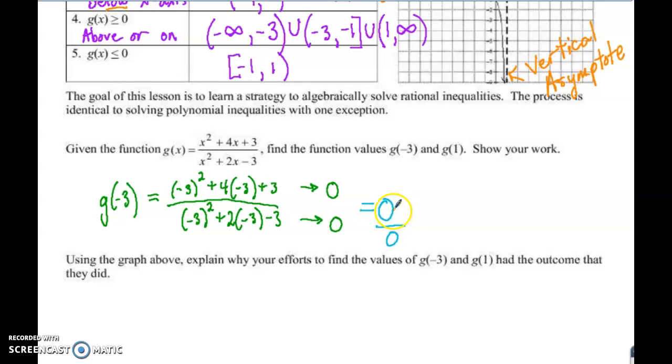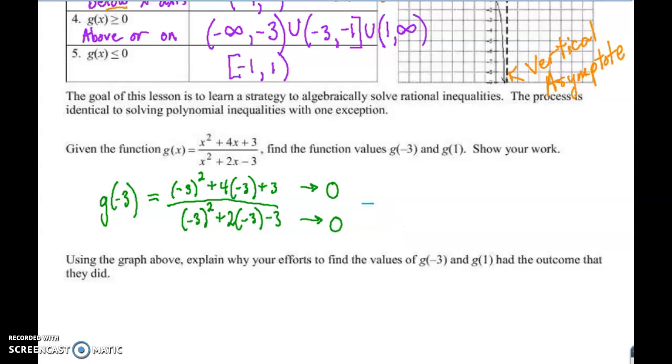A teacher might say, well, 0 divided by anything is 0. Somebody else might say, well, anything divided by 0 is undefined. So which one is it, 0 or undefined? And then a third person says, well, anything divided by itself equals 1. So now what is it? Is it 0? Is it 1? There's really no determinate value.